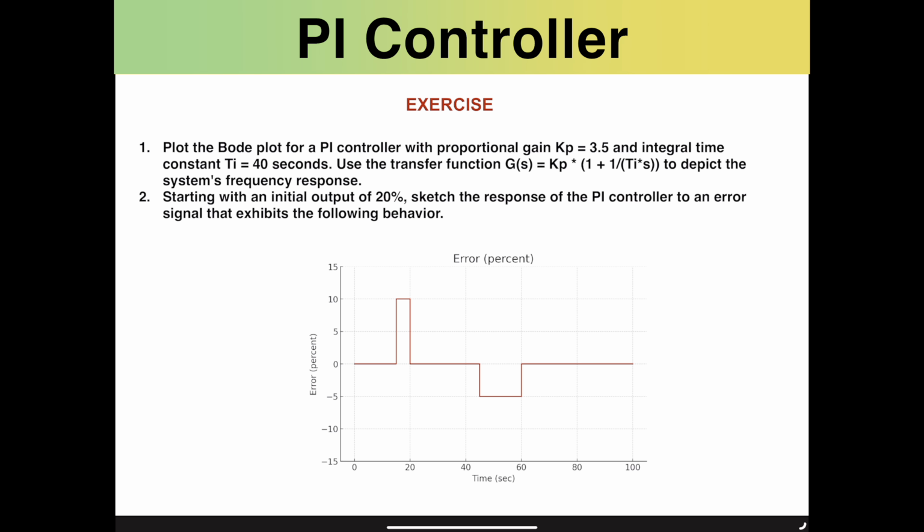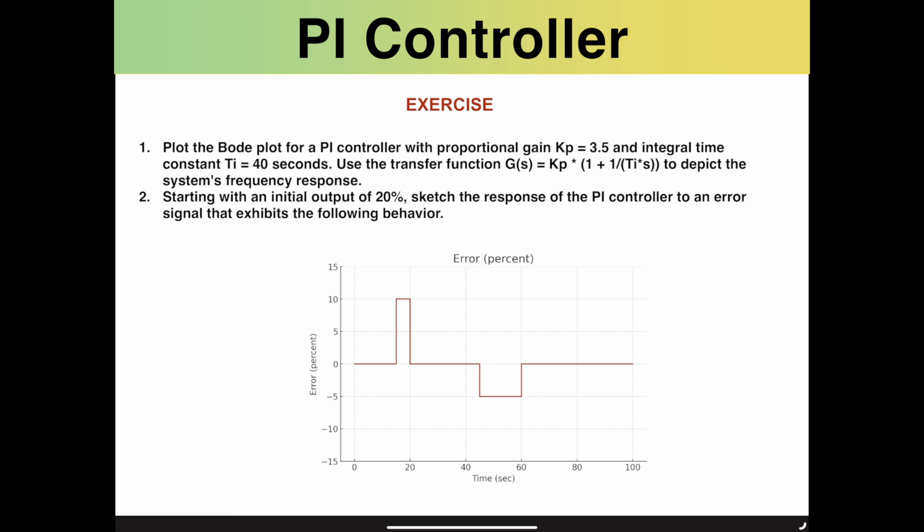So now that we have discussed how to deal with such a question in both frequency domain and time domain regarding the PI controller, here is another example that I'm leaving to you guys as an exercise. You're supposed to first plot the Bode plot of this diagram of this PI controller with respect to the transfer function that is given, and also the coefficients and time constants that are given.